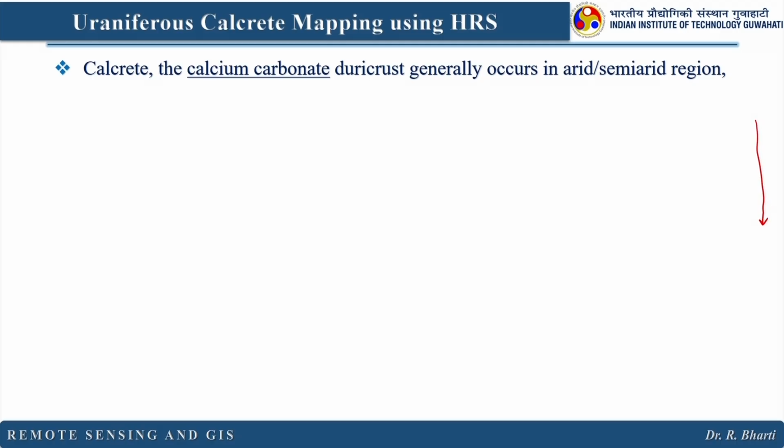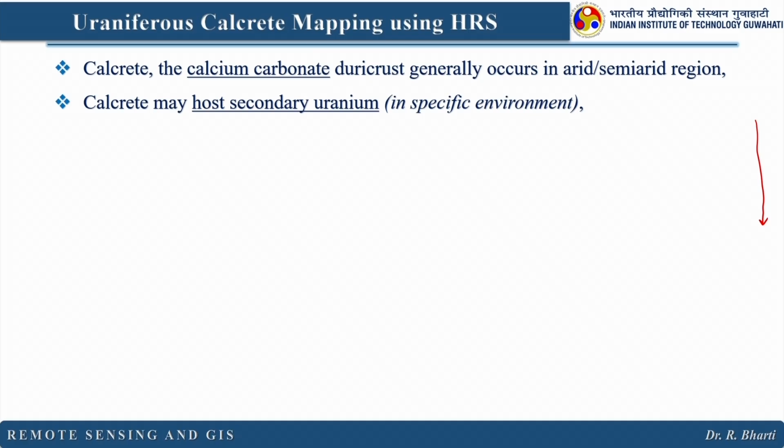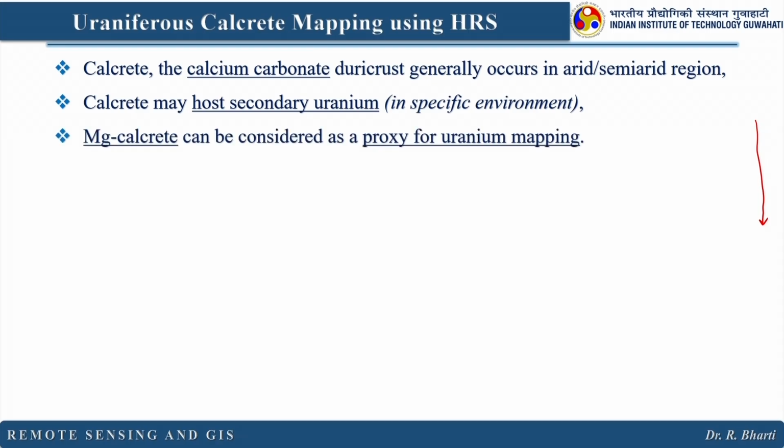Calcrete, the calcium carbonate dewy crust, generally occurs in arid to semi-arid regions. Calcrete may host secondary uranium in a specific environment. It is not like you will always get uranium, but in a specific environment it can host secondary uranium. Mg calcrete can be considered as a proxy for uranium mapping.